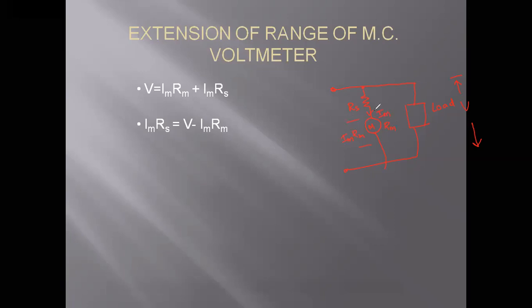Now, the same Im current flows through the series resistance also. The voltage across the load is the same as the voltage across this whole setup. So that is what we are trying to write here. V is equal to Im into Rm plus Im into Rs. Now, from this, Im into Rs is equal to V minus Im into Rm.